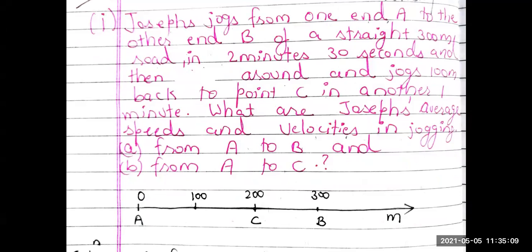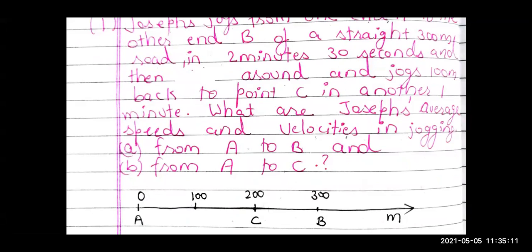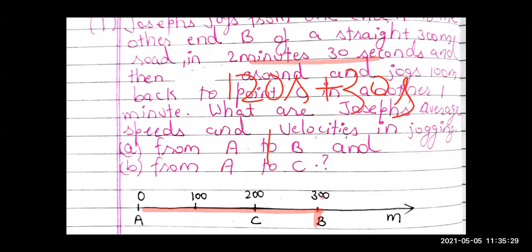So Joseph is jogging from A to B, and this distance is 300 meters, in 2 minutes 30 seconds. 2 minutes is 120 seconds plus 30 seconds, that means 150 seconds. So in 150 seconds, Joseph is jogging from point A to B, that is 300 meters.